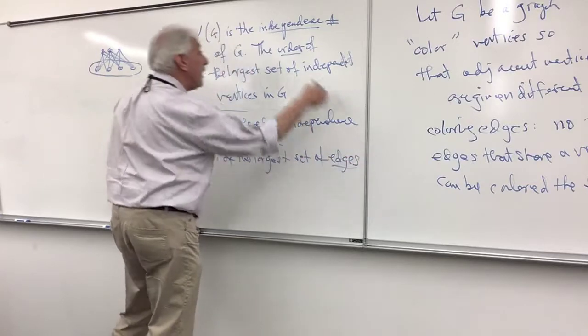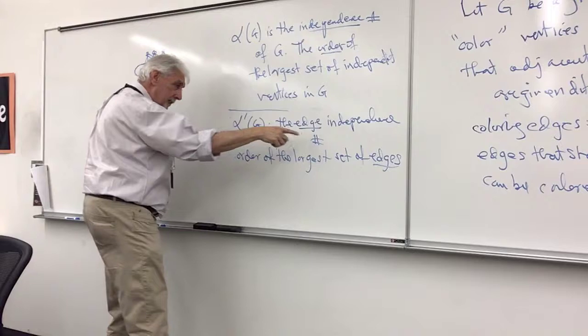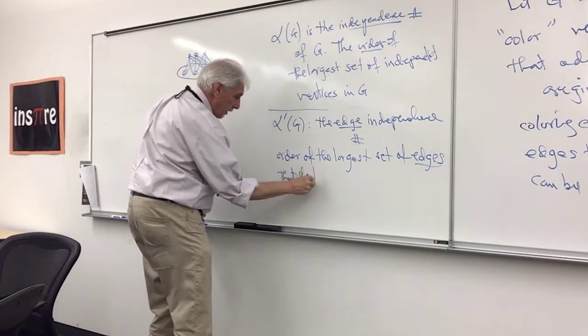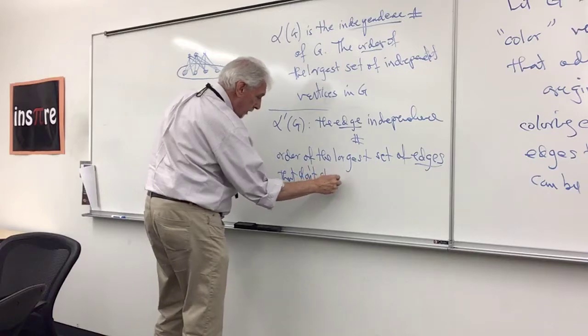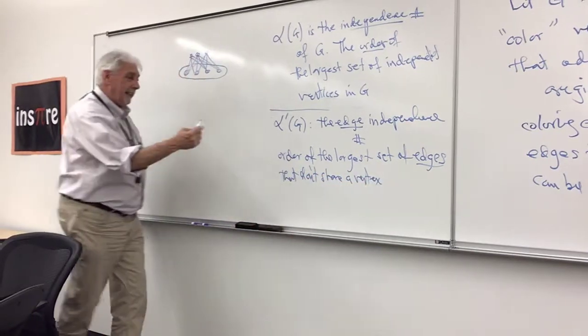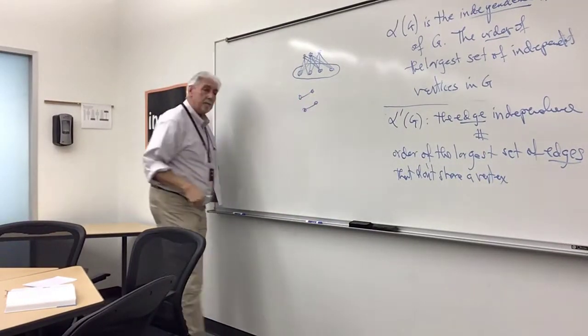So we're just mimicking this up here: order of the largest set of independent vertices, largest set of edges that don't share a vertex. So, in essence, the edges are independent.